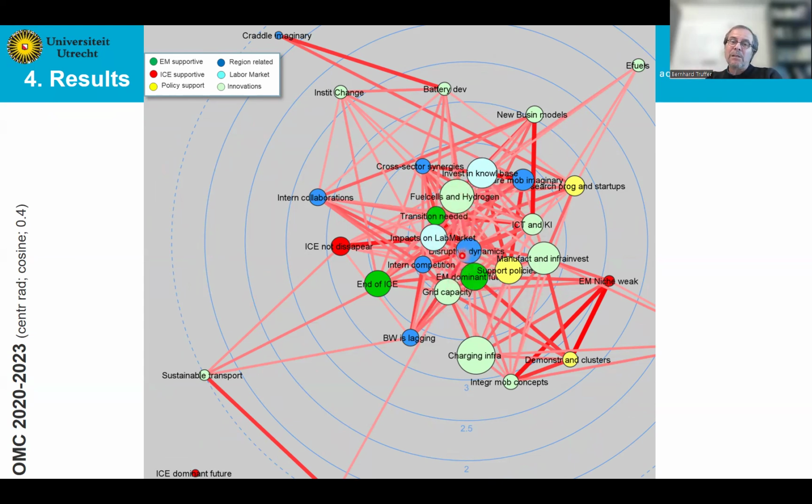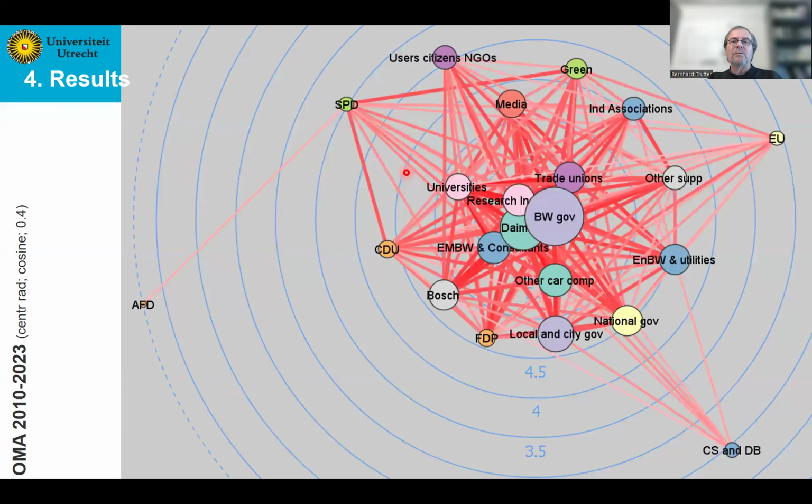Also, the statement that electromobility will remain dominant is part of the core, as is the end of the IC, that a transition is needed, etc. On the other hand, the red dots are moving to the periphery, and even the statements about the IC being dominant in the future move out to the absolute periphery of the coverage, and the same is true for the cradle imaginary. So the main topic here is that electromobility will be dominant and has finally been achieved.